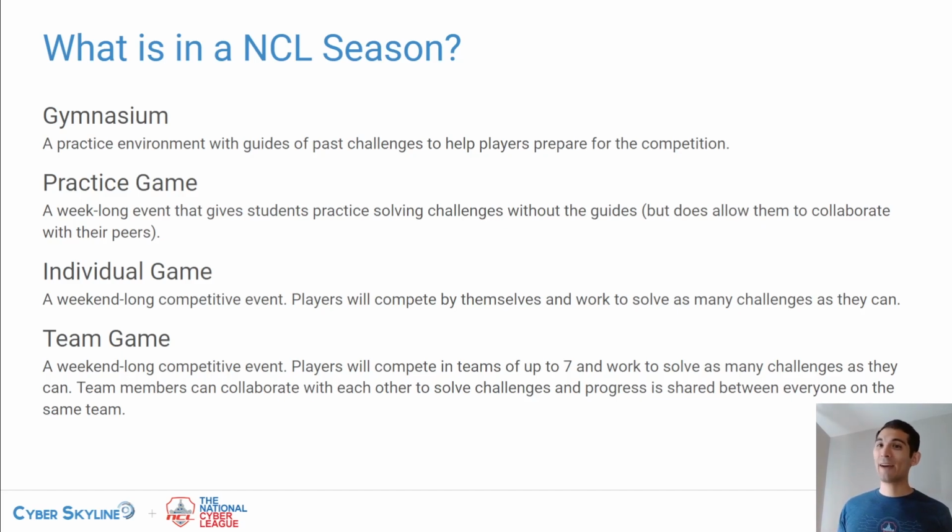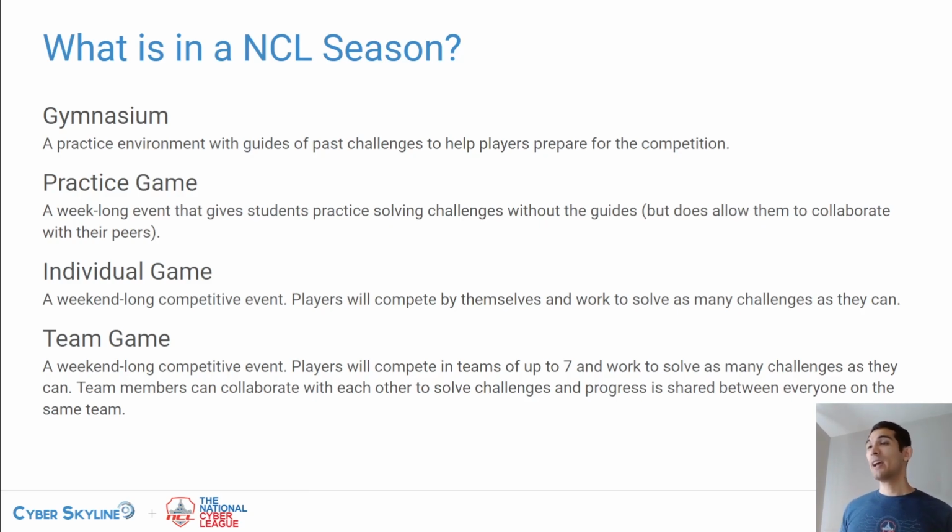Now, schools may have multiple different teams, and if your school has multiple different teams, between different teams, those students are not allowed to collaborate. So within the same team, it's okay, but between different teams, not okay. And so you can kind of mix and match and figure out what's going to be the best way to balance out your teams. We've seen schools do a varsity team and a JV team.